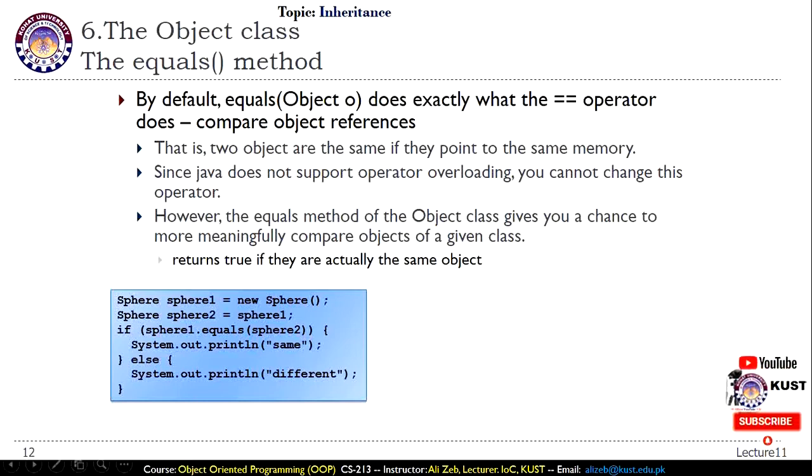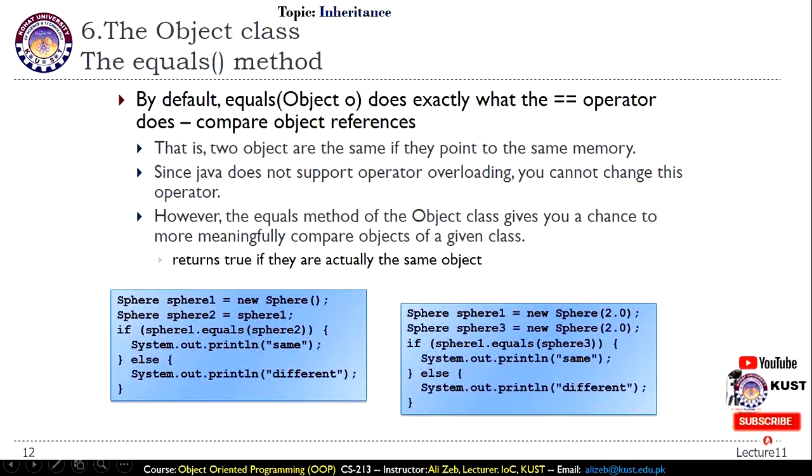This is how the equals method works. It is called on an object, in this case sphere1, and we pass the other object. It will compare sphere1 to sphere2, and if they are the same, then "same" should be printed, and if not, then "different" should be printed on the screen.